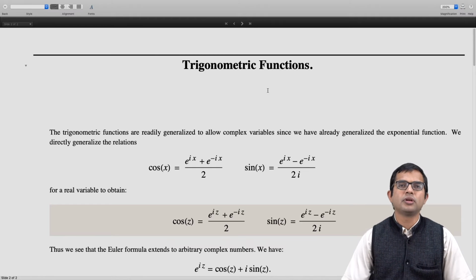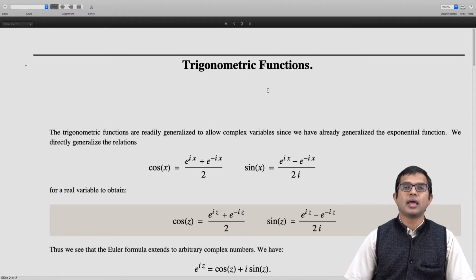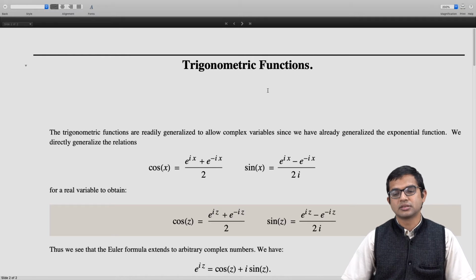Okay, so the starting point is the recollection that we can think of cosine of x and sine of x, when x is a real variable, as e to the ix plus e to the minus ix divided by 2, and e to the ix minus e to the minus ix divided by 2i, right?